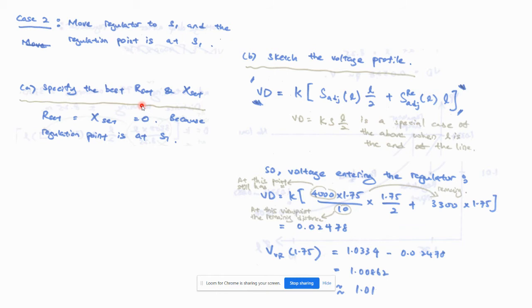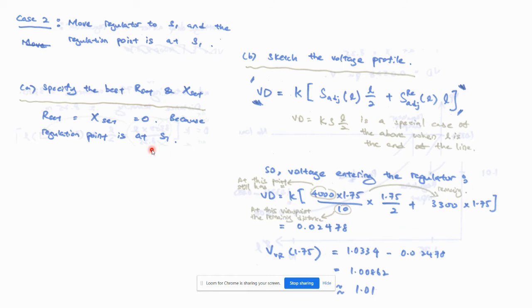So I'm not using the regulator to manipulate the voltage coming out from the regulator. So R and X setting equals 0 in this case, meaning that the regulating point is still at the location of the regulator.